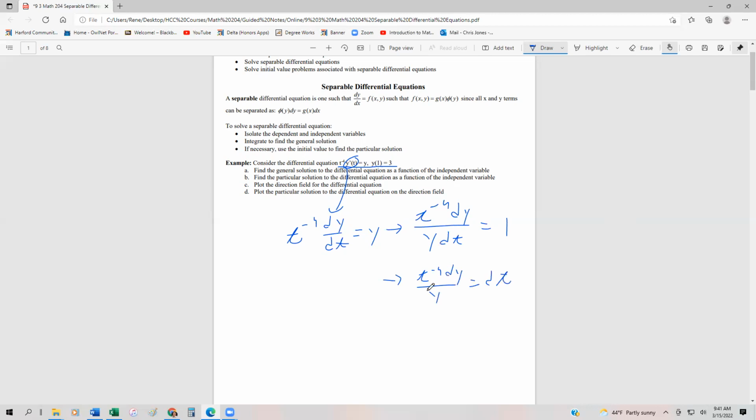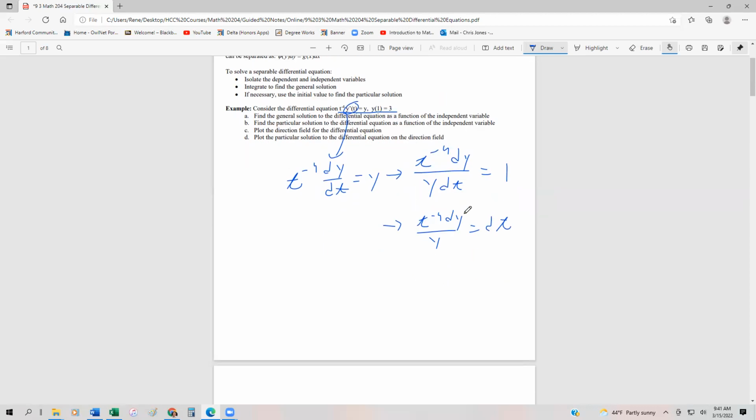Finally, we can divide both sides by t to the minus 4. So we have dy over y equals dt over t to the minus 4, which is really the same as dy over y equals t to the fourth dt, since that's a negative exponent in the denominator.